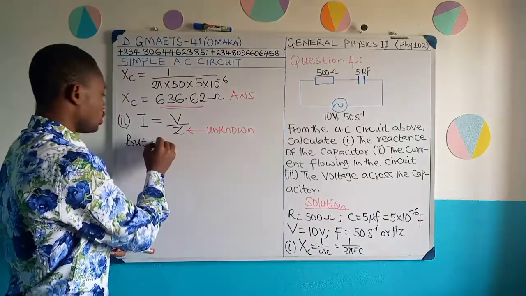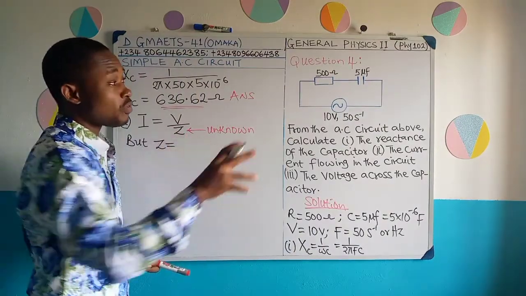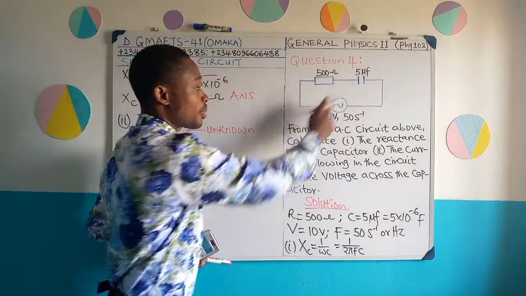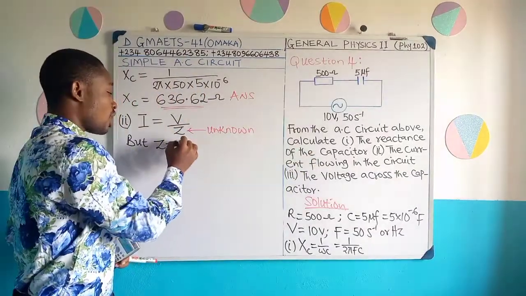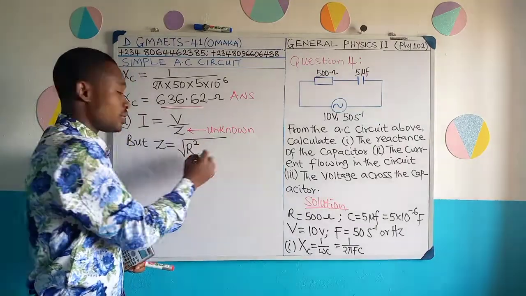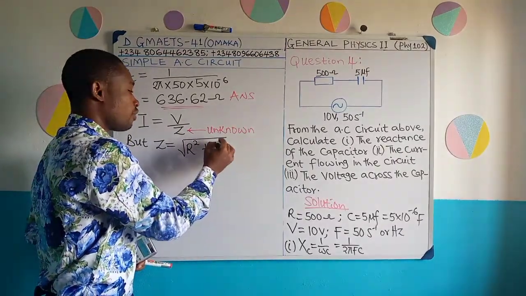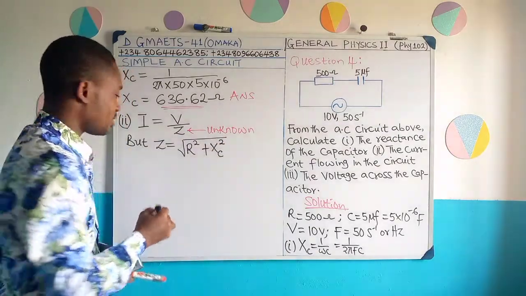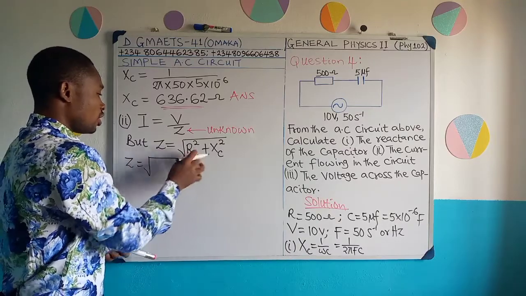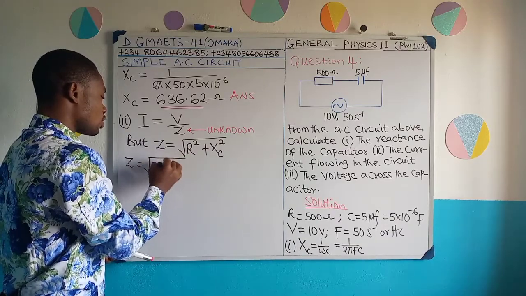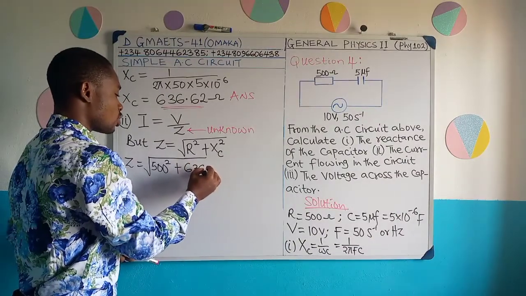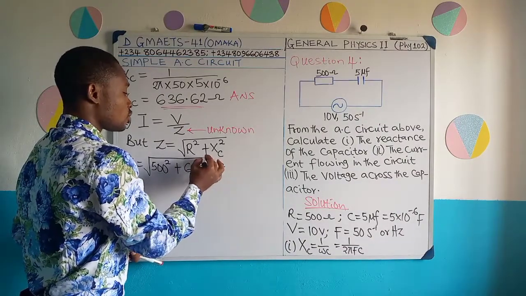Okay, so for an AC circuit that contains resistance and capacitance, the formula for calculating impedance is simply the square root of the square of the resistance plus the square of the capacitive reactance. So our Z is going to be the square root of R, which is 500, squared, plus XC, which is 636.62, squared.